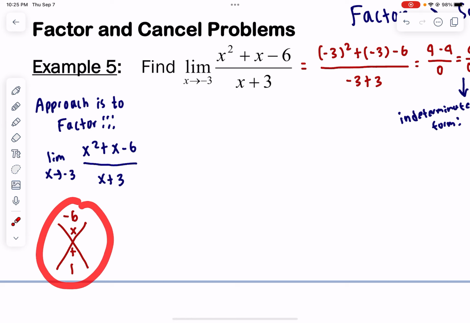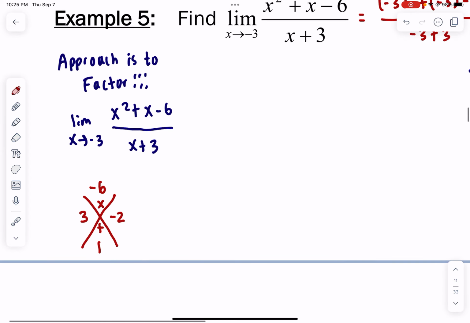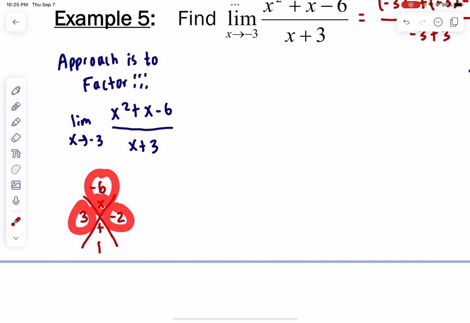So in this case, to complete this sum and product puzzle, you'll figure out that these two numbers are going to be 3 and -2. So 3 times -2 is -6. And when you add these together, you'll get +1.